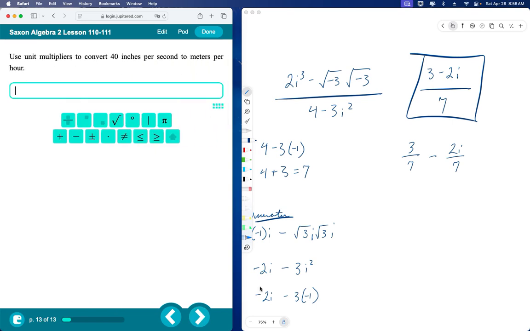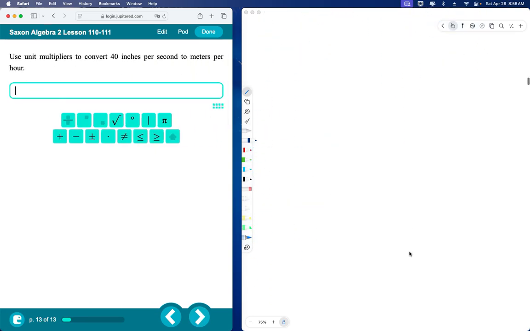Last problem. Yay. We're converting a rate to another rate. So we have 40 inches per 1 second to meters per hour. So first of all, we're going to go from inches to meters, and that's going to be 1 inch, 2.54 centimeters. 100 centimeters is 1 meter. So we'll do that first.